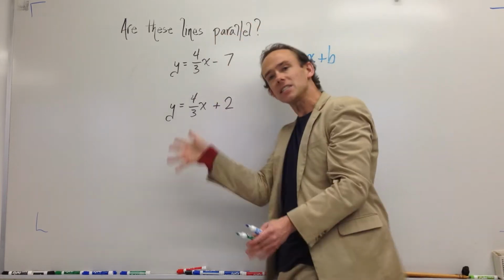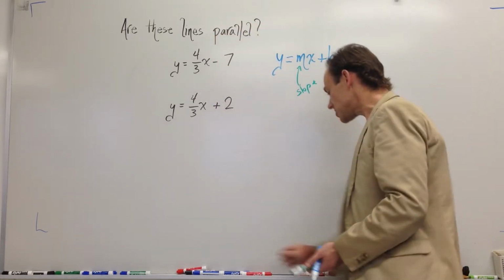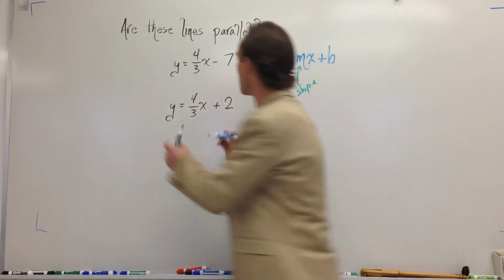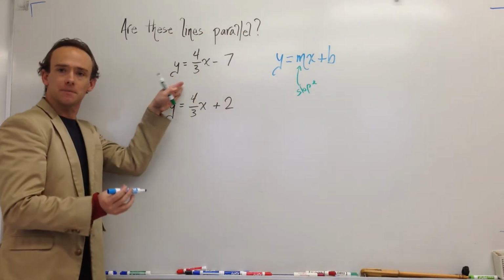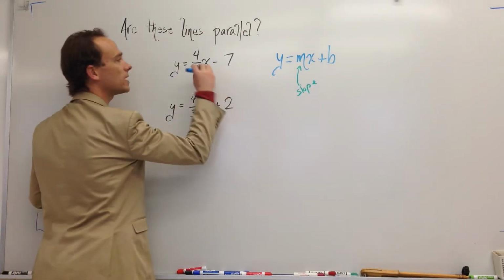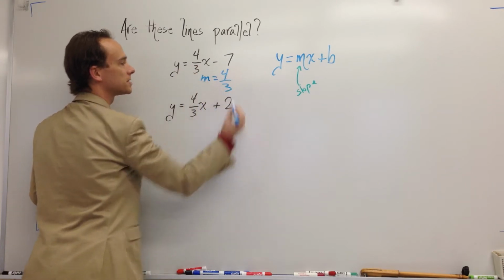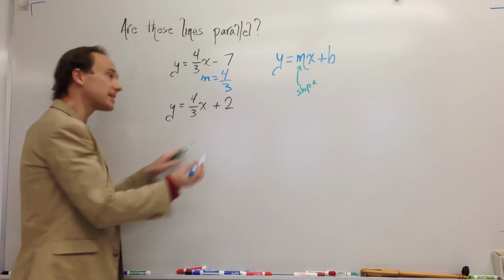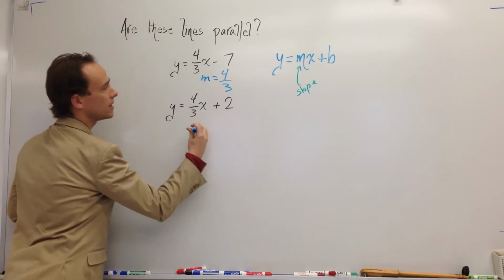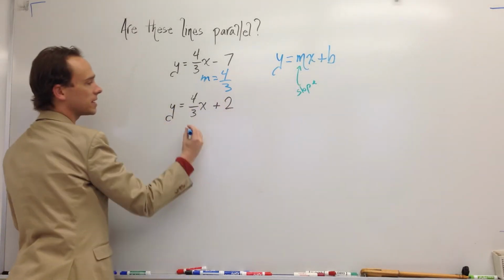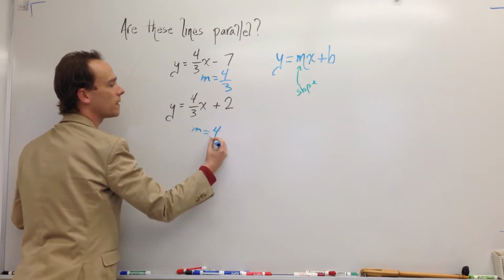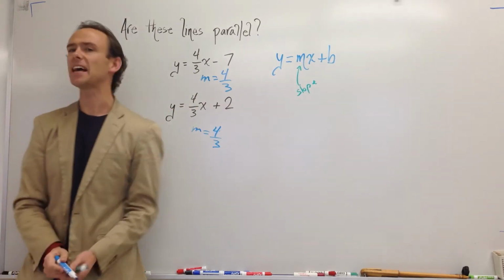So when we come to these two equations, the question is, what's the slope of this one? I'm going to write it right under it. So m here is equal to 4/3. And what's the slope of this line? Well, look at mx plus b, m is equal to 4/3. Hey, they have the same slope.